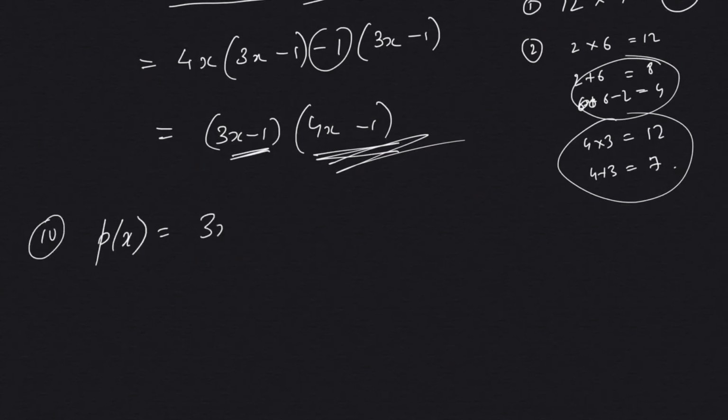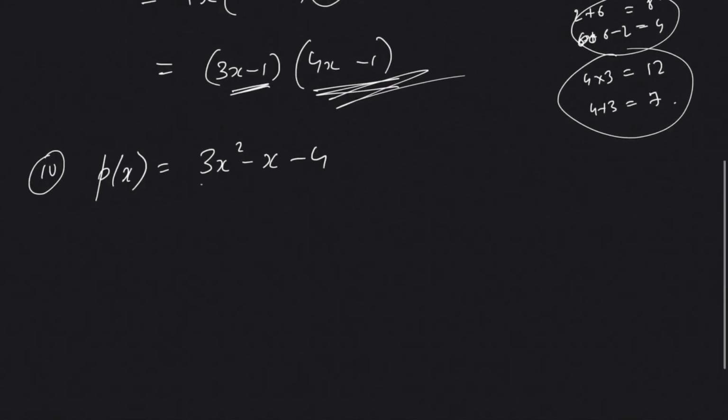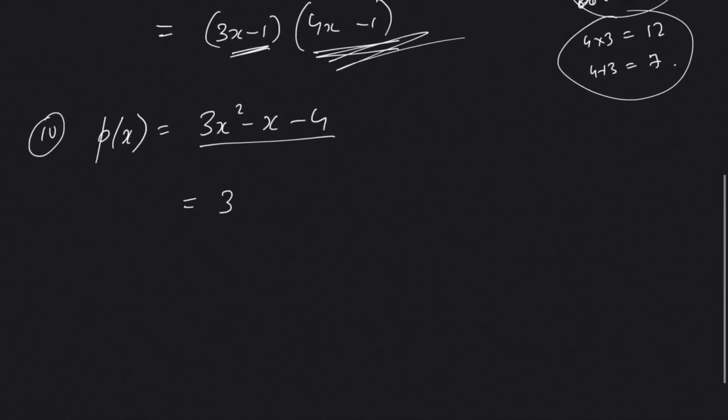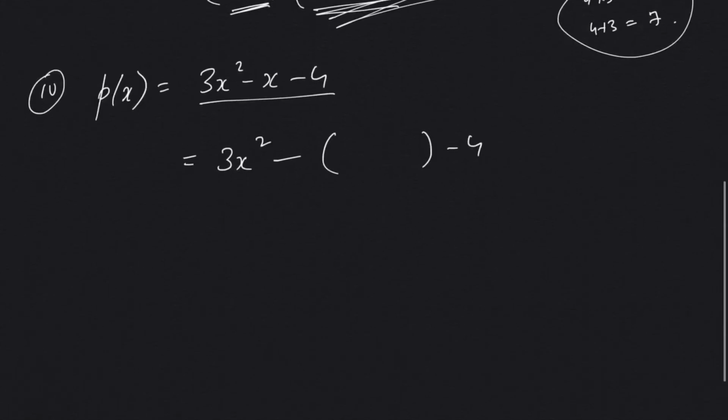The polynomial is 3x square minus x minus 4. This is also a quadratic polynomial and it's already arranged in the standard form. First, you write down the extreme terms as they are and then write down the numerical coefficients. No need for the signs, positive or negative. Let us not be concerned with that, just the numerical values only.